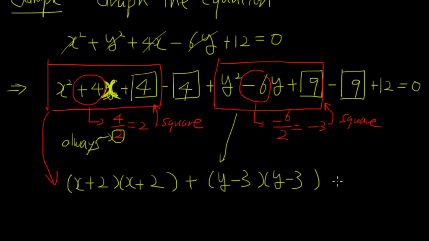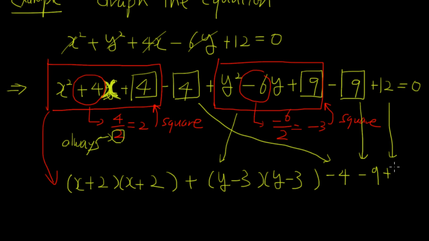So we still have to deal with this -4 and this -9 and this plus 12 equal 0. Okay, so let's simplify this. This I can rewrite as x plus 2 squared.